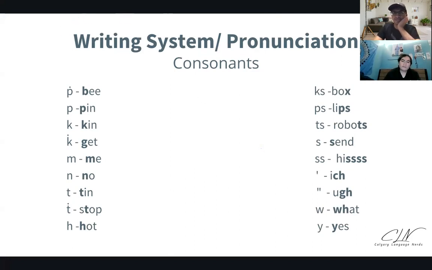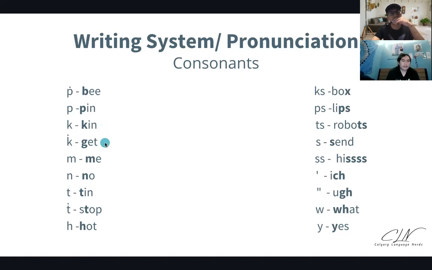Okay, so first off, our first symbol is a P with a dot on top, and that's pronounced like B. The next symbol is the P without the dot, and that can be pronounced like in the word pin, P. Next up is the K without a dot, and that can be pronounced like kin or key.